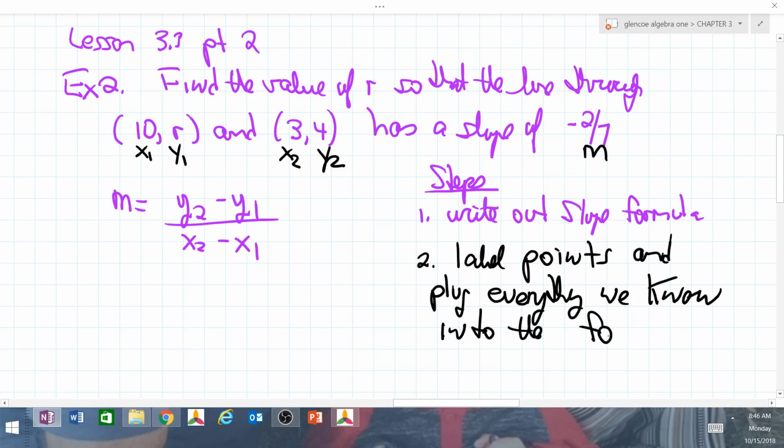You with me? Yes? Okay. So the slope is negative 2 over 7 equals y2 is 4, y1 is r, x2 is 3, and x1 is 10.